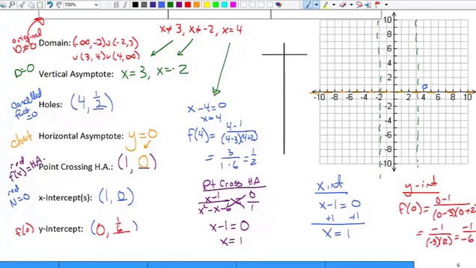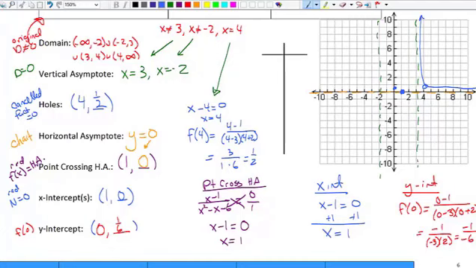At 1, 0, I have a point. Another 1, 0 because the point crossing the horizontal asymptote and the x-intercept happen to be the same. And then I have another point at 0, a sixth. So on the branch to the right of the vertical asymptote at 3, we know that because there's a hole up here, that means the rest of the branch has to get close to the vertical and horizontal asymptotes. So that branch is all done.